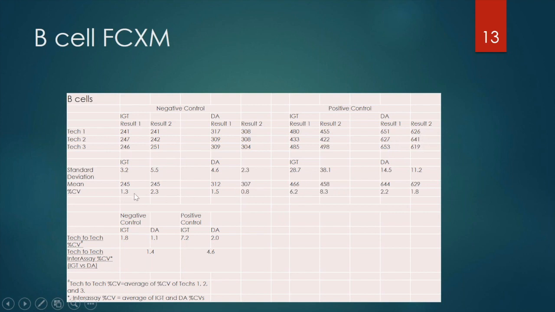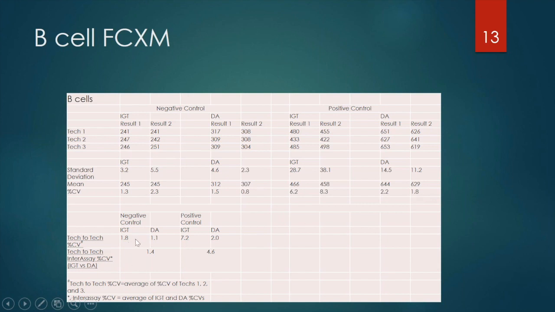If you see the percent CVs, 1.3 and 2.3 for the IGT method, 1.5 and 0.8 for the DSL method. So these are the duplicates actually. And for positive control, it is 6.2 and 8.3 for the IGT method, and 2.2 and 1.6 for the DSL method.